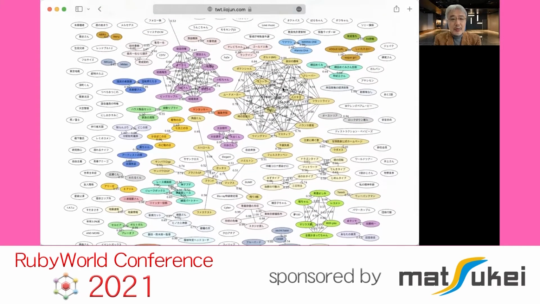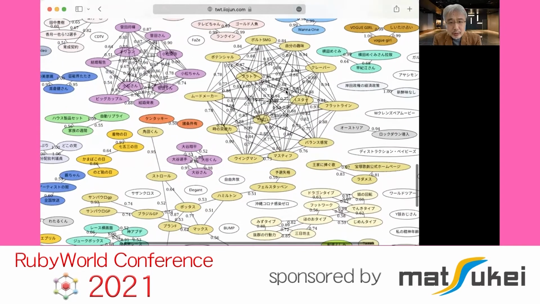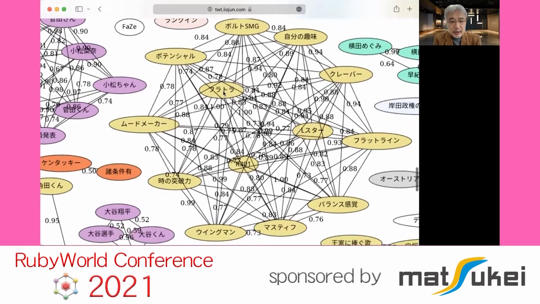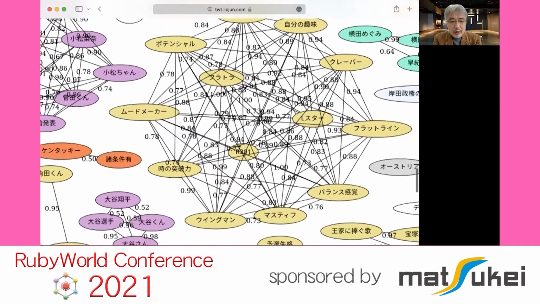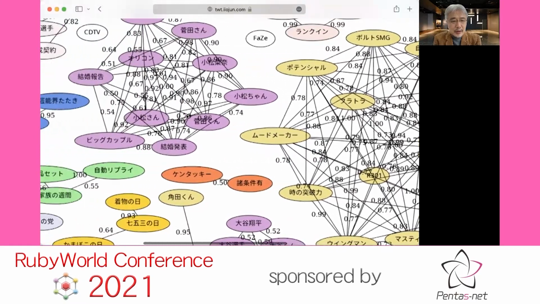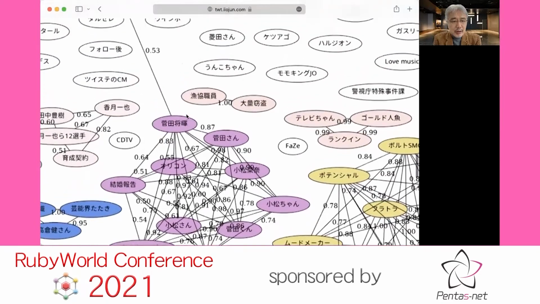So at a glance, it is possible to see the clusters. Let me enlarge it. I don't know what it was, but magnifying it, you can see the Apex weapon analysis, a topic related to that.